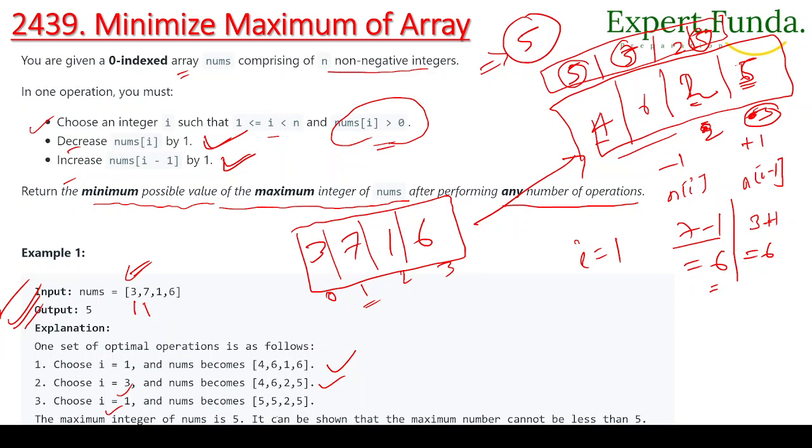When i equals 1, 4 plus 1 is 5 and 6 minus 1 is 5, and that's why you can see we are getting 5 as the maximum value. I think you got it. So what we can think about this one is, see, we have been given this array. Let me first clean this.